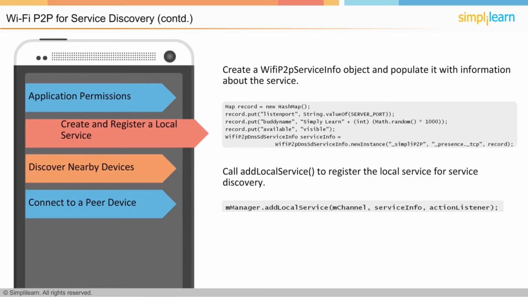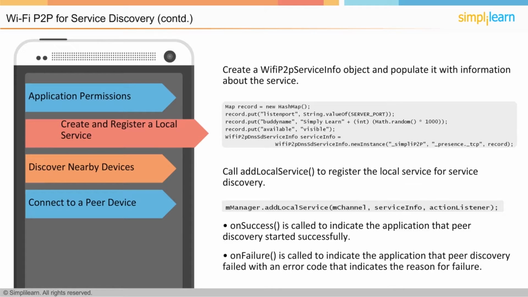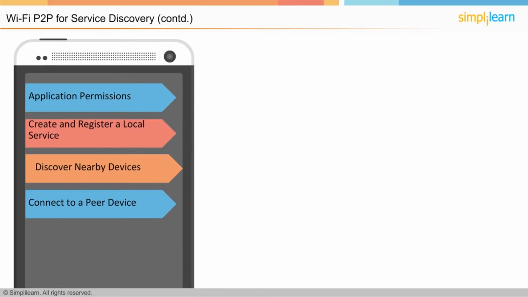ActionListener is a WifiP2pManager.ActionListener object that implements the following callback methods. onSuccess() is called to indicate to the application that peer discovery started successfully. onFailure is called to indicate to the application that peer discovery failed with an error code that indicates the reason for failure.